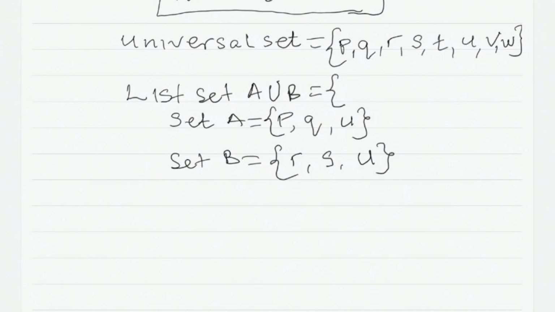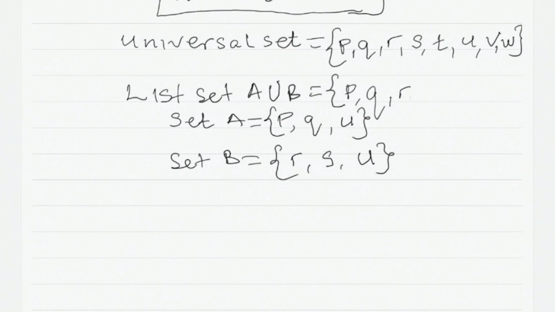So now we are going to start with P, Q, then in set B there is R, S, U.